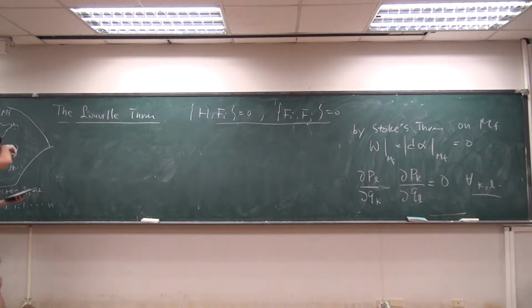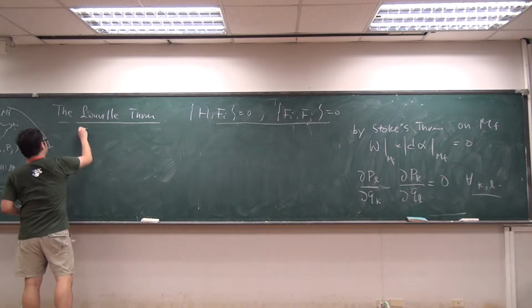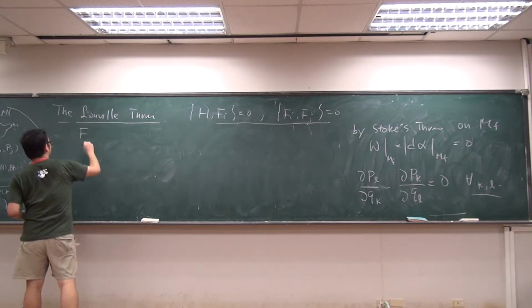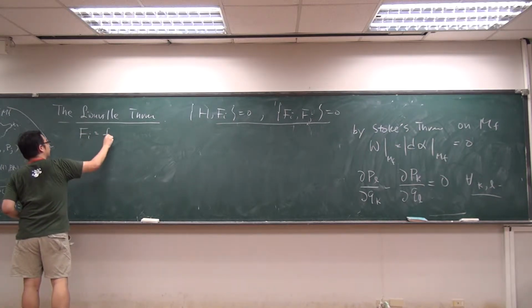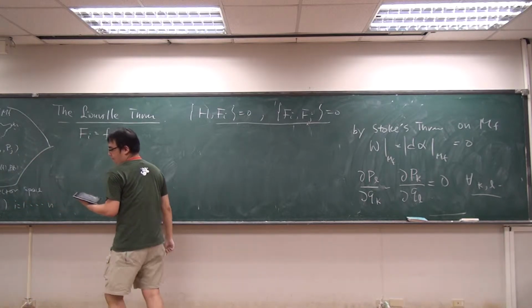So we know that on MF, Fi is equal to a constant.